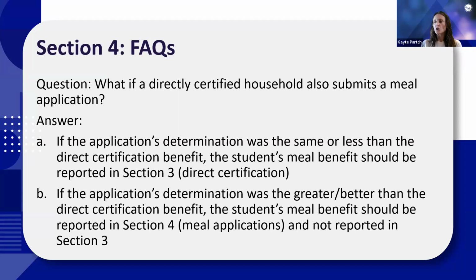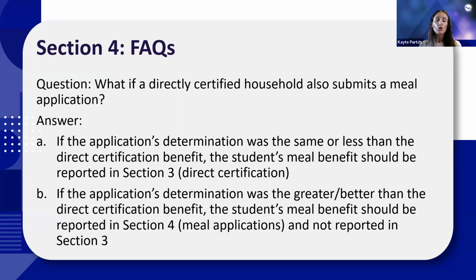If the application's determination was the same or less than the direct certification benefit, then the student's meal benefits should be recorded in section 3 about direct certification. If the application's determination was greater or better than the direct certification meal benefit, then the student's meal benefit, and the place where that's included in a total and reported in the verification report, would belong in section 4, where we collect information about applications for meal benefits, and would not be reported in section 3.